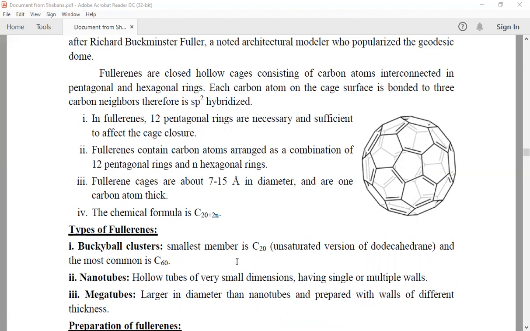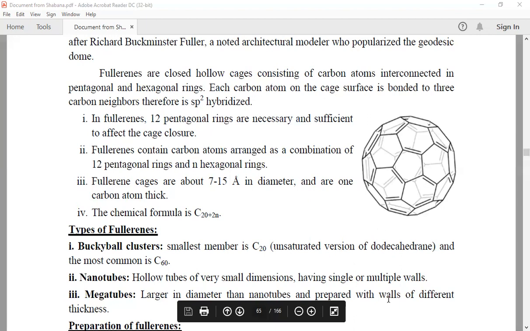And coming to carbon nanotubes, the second type, it is a hollow tube of very small dimension, having single or multiple walls. It has potential application in the electronic industry.